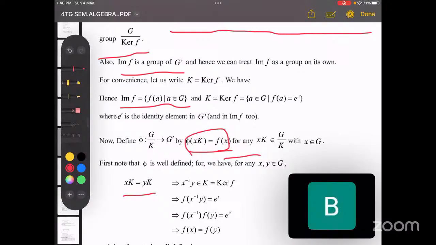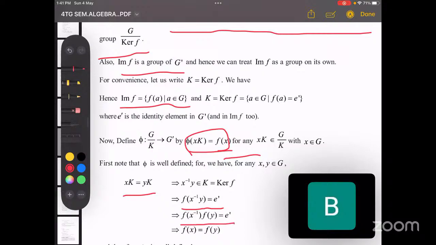Here, in place of a, we are taking x inverse y. Therefore f of x inverse y equals e dash. When you split this, you can write it as f of x inverse times f of y equals e dash.